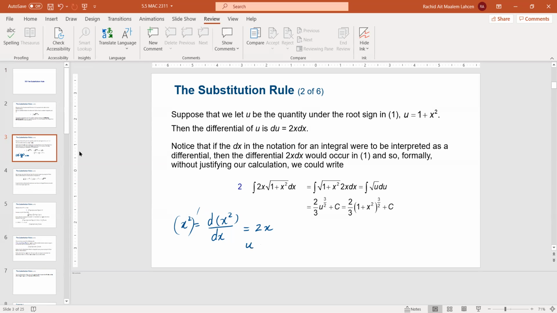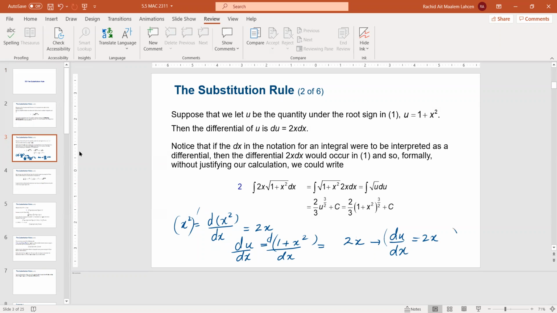So if we have a u, as we did in implicit differentiation, if we do du over dx, that's going to give us 2x, right? So du over dx is equal to 2x.